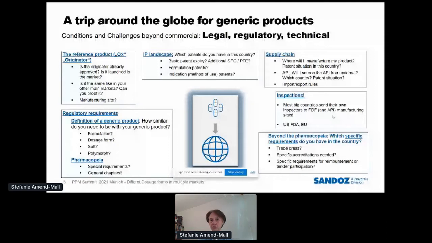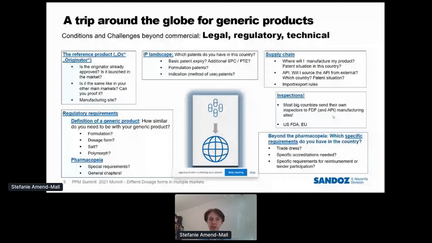What about dosage forms? There are countries which are insisting to have the same dosage form and others not. For example, in Japan, you can often also go with an oral dissolvable tablet, so ODT, instead of a film-coated tablet.